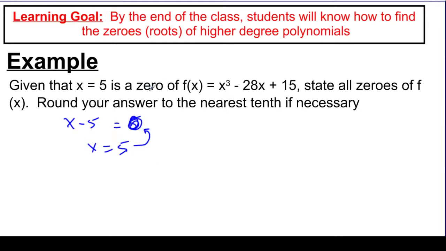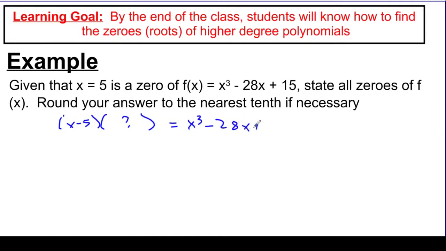We don't want it to be equal to 5. They want us to find it when it's equal to 0. So I just subtracted the 5 over, and I get this expression x minus 5 equals 0. Here's what we know: that means that x minus 5 is a factor. We're saying x minus 5 times something is equal to x cubed minus 28x plus 15.